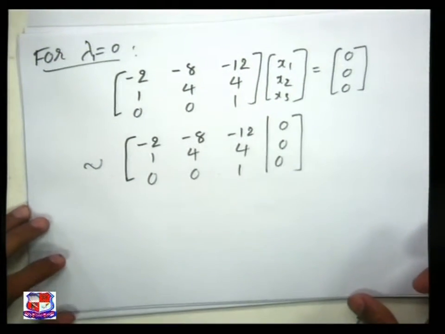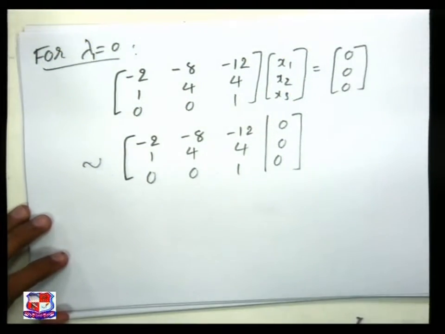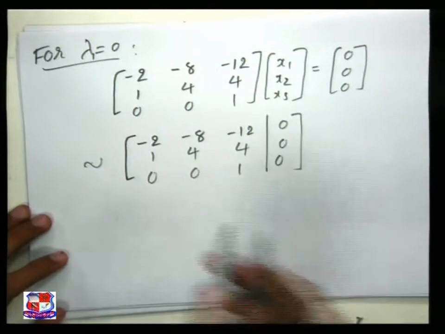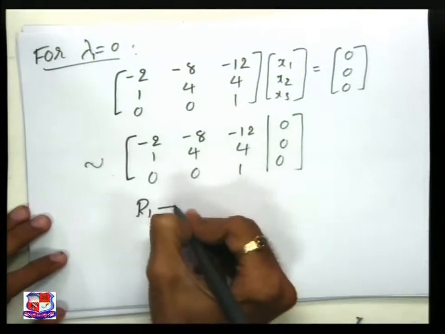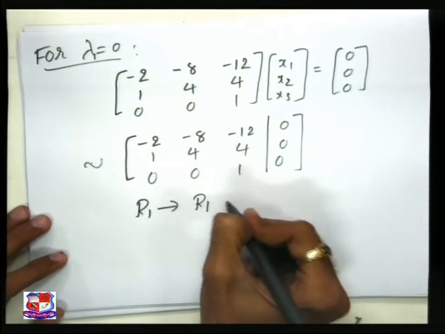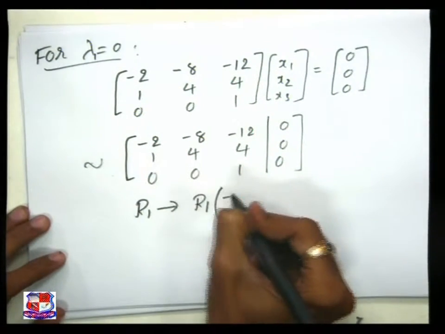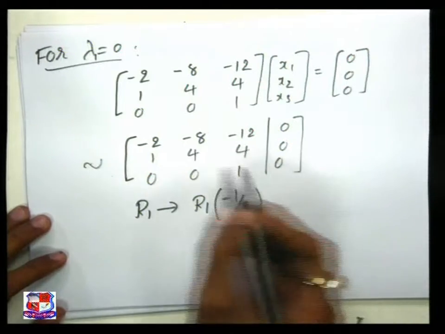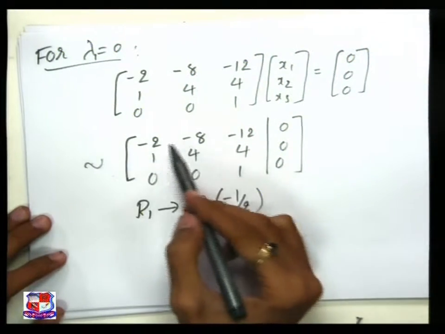First of all, I will divide the first row by minus 2, so R1 becomes R1 times minus 1 by 2.